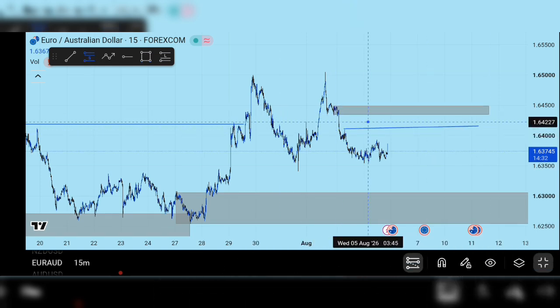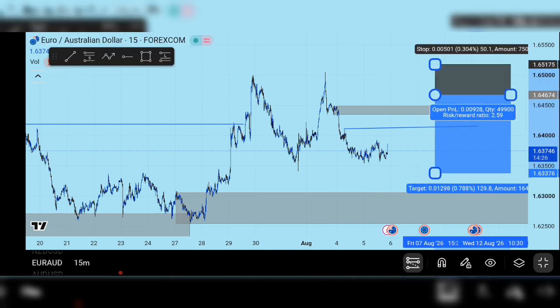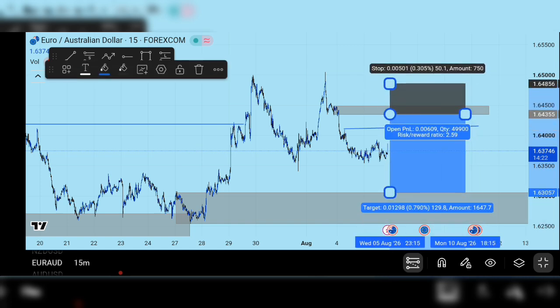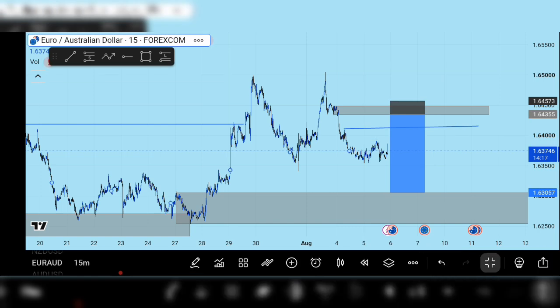Then you can set your stop loss here. Very simple and straightforward. Target this zone. Then this is how to do it.